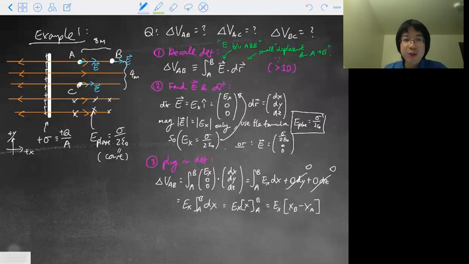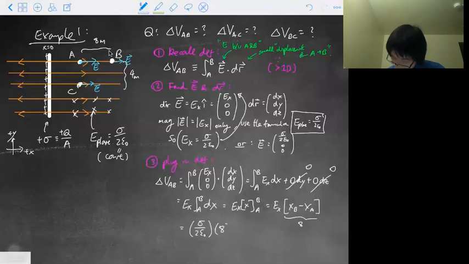So the x value of b, let's call this the origin, let's say this is x equals 0. The x of b minus the x of a is just the difference between here, so it's 8 meters. You plug that in and you get sigma over 2 epsilon times 8. That's your answer. You can simplify this to sigma over epsilon like this.